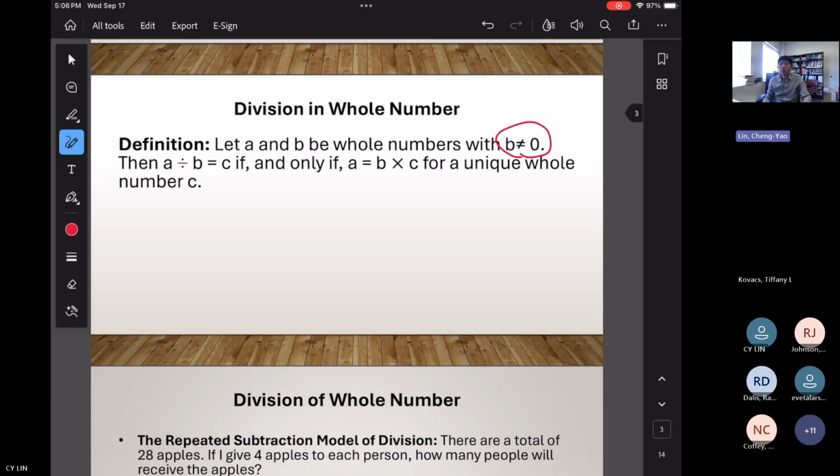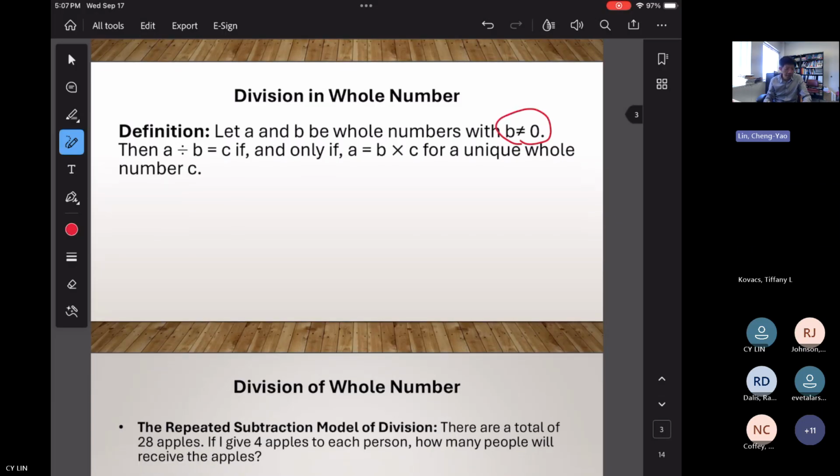Let's say you want to tell the children, I have $10 and I share $0 to nobody. That does not make any sense. Then why would you have to share? So B cannot be 0, which means undefined. Let's say A is equal to 6 and B equal to 3.